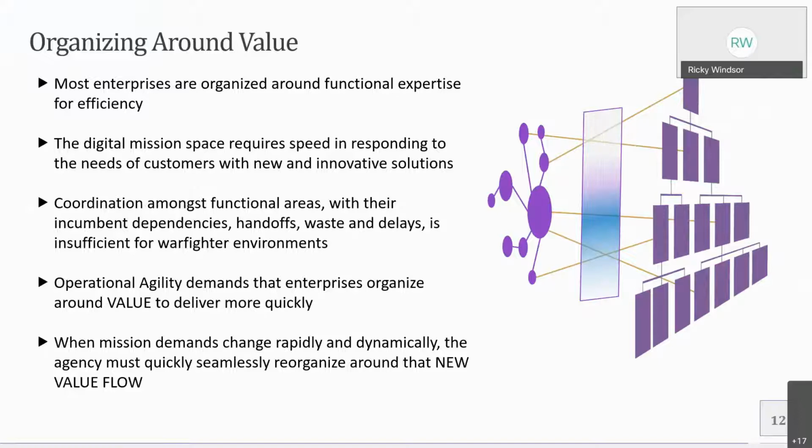right? So the digital mission space that we currently live in requires speed in responding to the needs of customers and end users with new solutions, usually faster than what we can actually do, simply because of the dynamic environment that the DoD exists in, along with many other elements that influence the DoD.